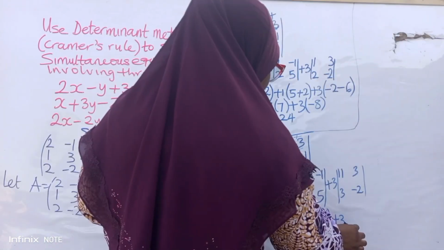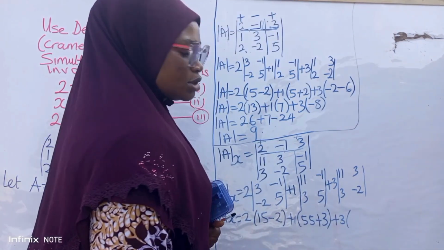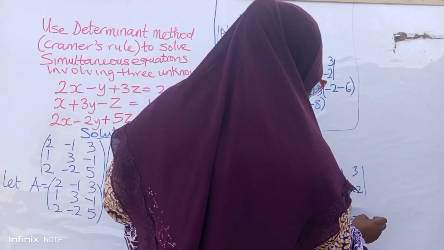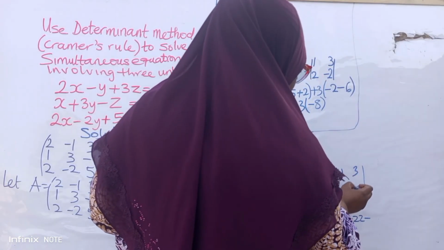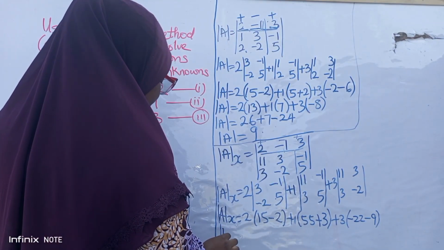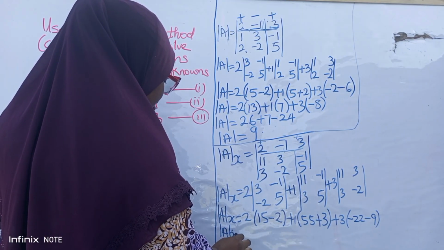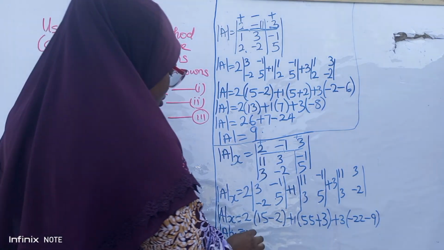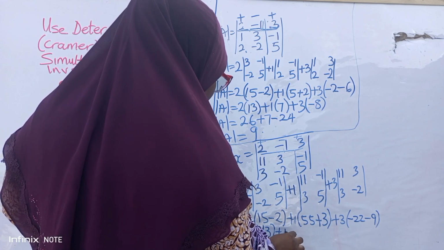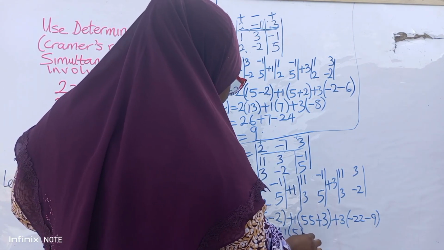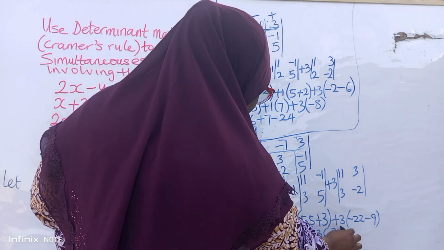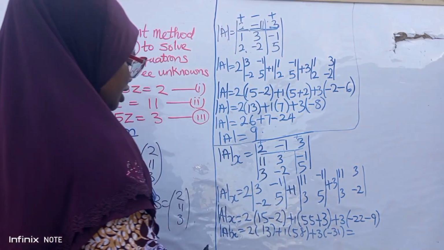Then plus 3. 11 multiplied by minus 2 gives minus 22. So minus 22. Then minus 3 multiplied by 3 is 9. So the determinant of A subscript X will be 2 multiplied by 13 plus 1 multiplied by 58 plus 3 multiplied by minus 31 is equal to, this is 26.